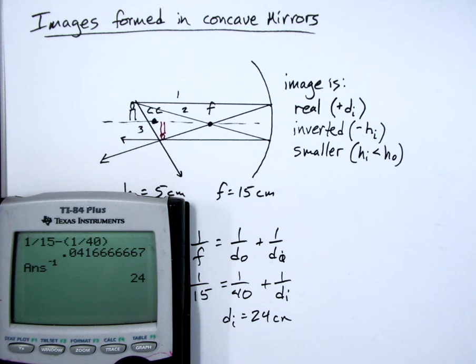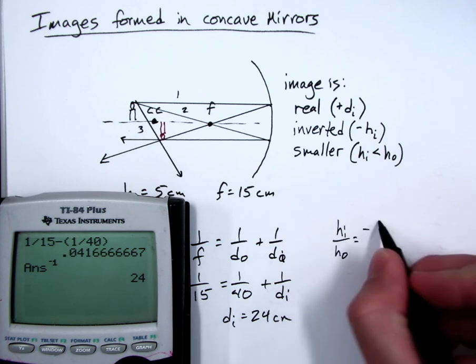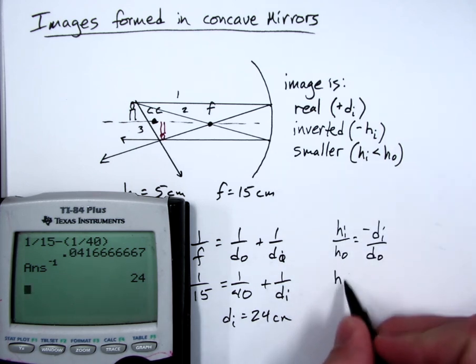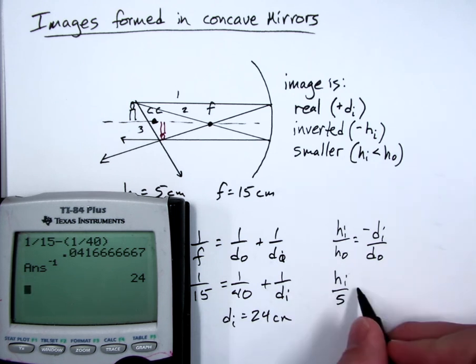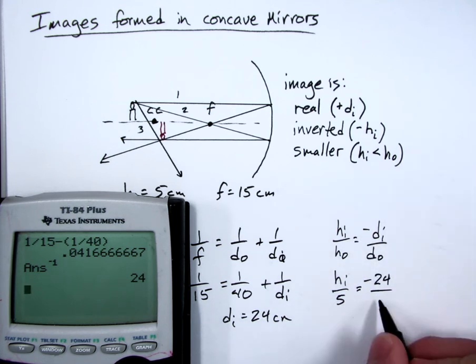However, now that I know DI, I can also use the HI over HO equation. I don't know the height of the image, but I know the height of the object we said was 5 centimeters. We just solved for DI. Notice the negative that's in the equation there.